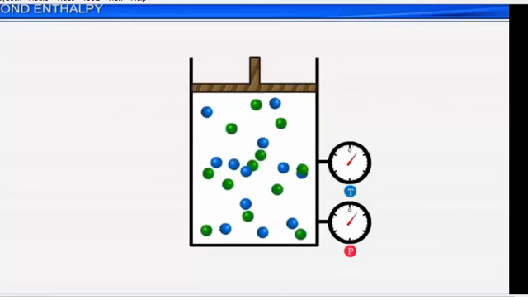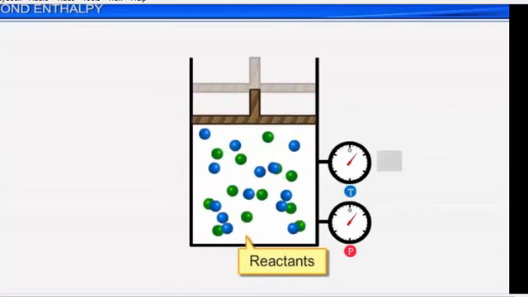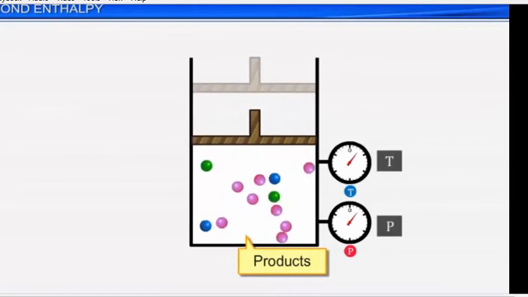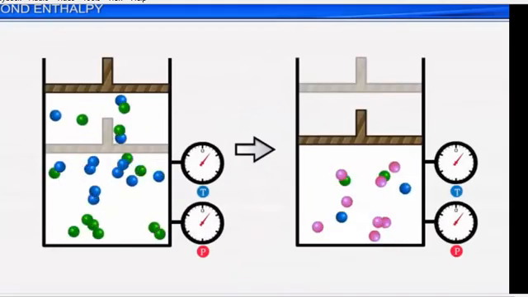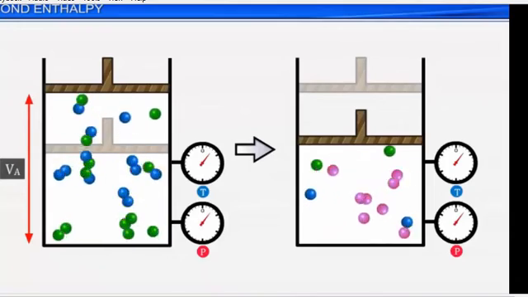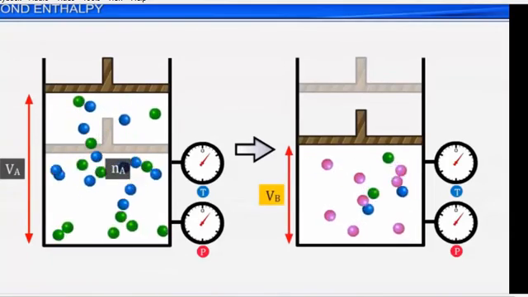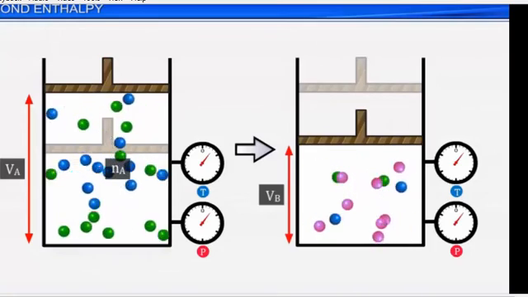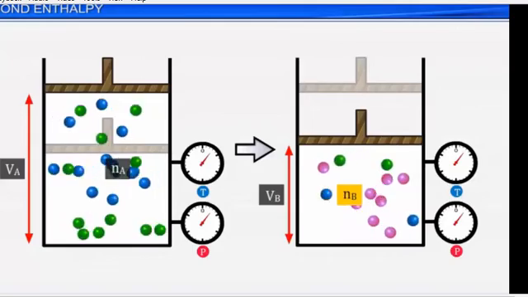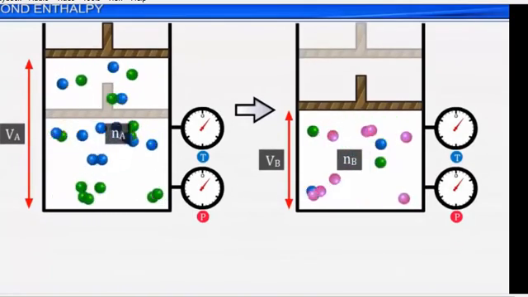Let's consider a chemical reaction occurring at constant temperature, T, and constant pressure, P. Now, let's say that the volume of the reactants is VA and the number of moles in the reactants is nA. Similarly, the volume of the products is VB and the number of moles in the products is nB. We know that according to the ideal gas equation, PV equals nRT.